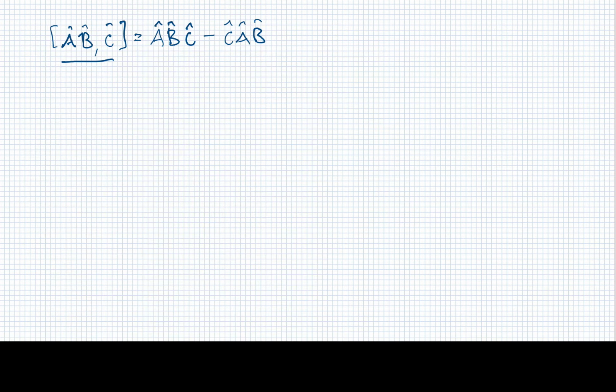All right, but we can also simplify this a little bit by adding and subtracting the same term in the middle. So for example, what if I wrote this as AB times C and then subtracted A times CB? If I subtract that, I need to add it back so that I haven't altered the value of this commutator, and then I would subtract the term that's left, minus C times AB.